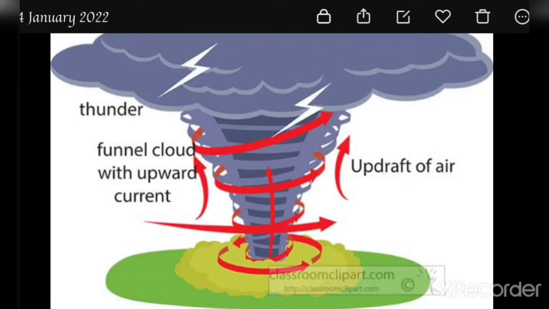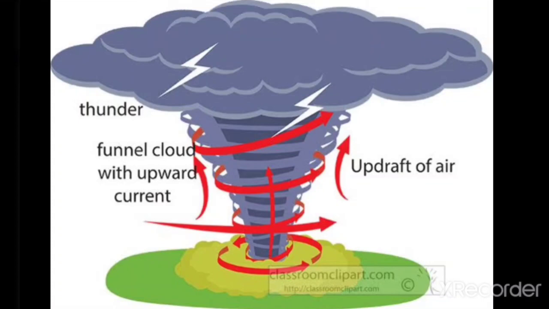Number 3, it is a dark funnel shaped cloud having huge thunderstorm effect and strong wind speed, a violent whirlwind. Number 4, it mostly occurs in 6 continents, and maximum tornado formation is in the United States of America, an area also known as Tornado Alley. After 2 to 3 hours, as the balance is created between warm air and cool air, the speed slowly slows down and the tornado flies away and disappears from the atmosphere.